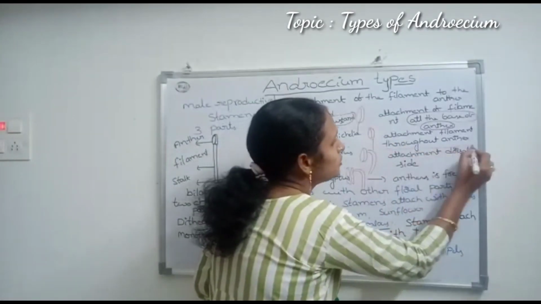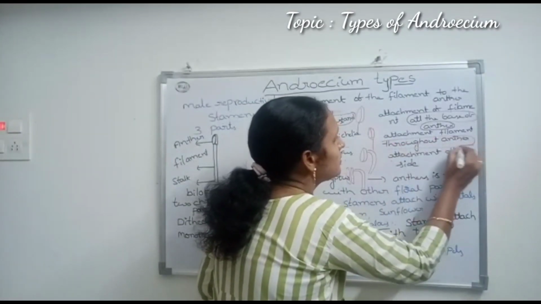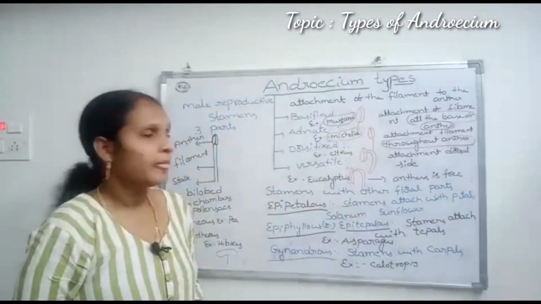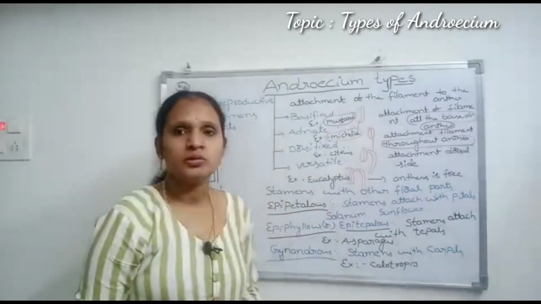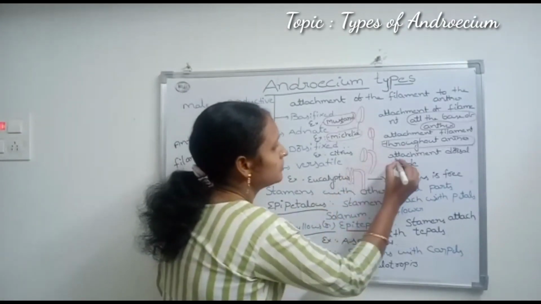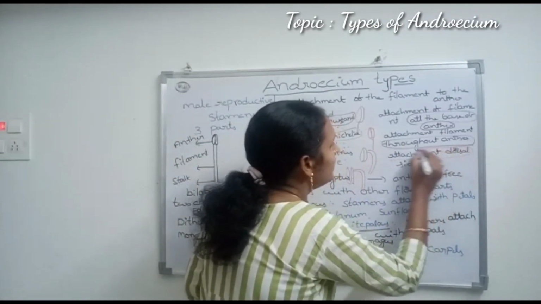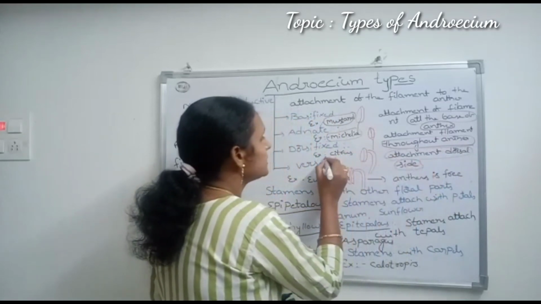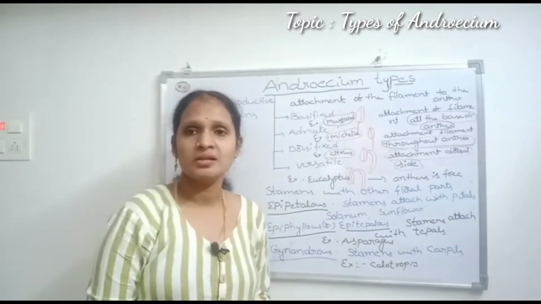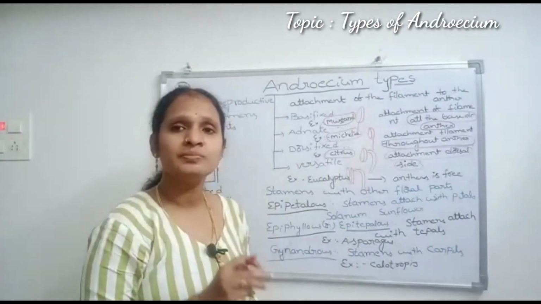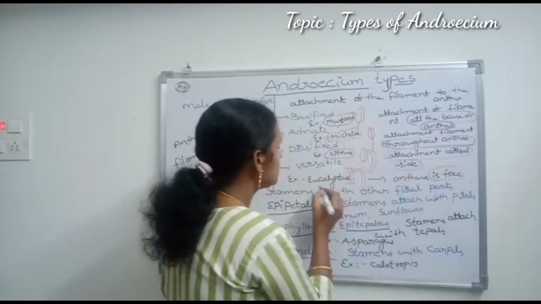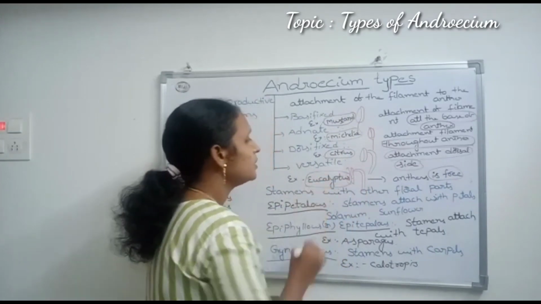Example of adnate is Michelia. Third, dorsifixed: attachment of the filament on the dorsal side of the anther. Example is citrus. Fourth, versatile: similar to the dorsifixed, but with a small change, the anther is free. Example of versatile is eucalyptus.